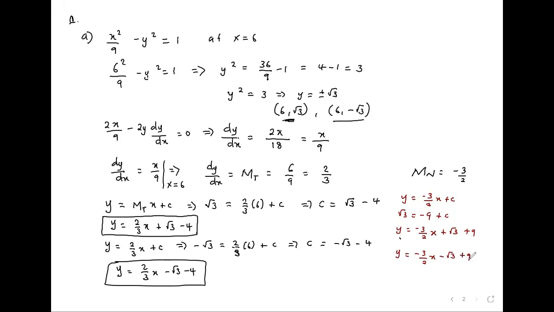So that's how you get the two normal equations. So these are the normal ones. So you find c in the other way.